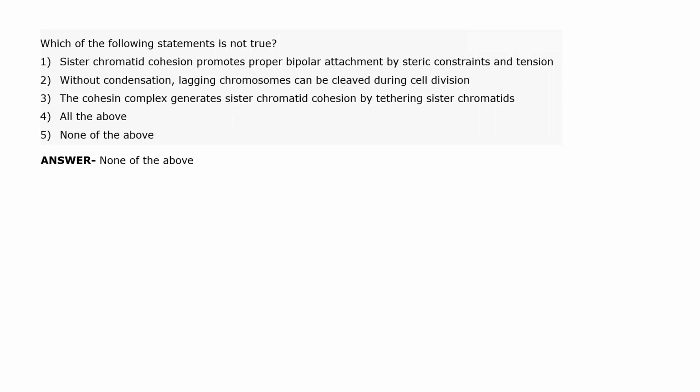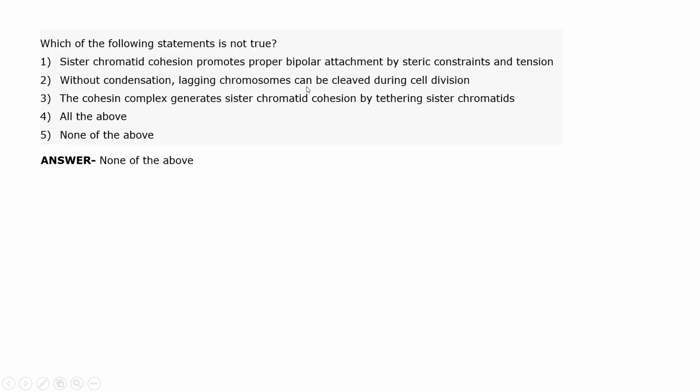All the other options are correct. Sister chromatid cohesion, like this particular steric constraint and tension created within the sister chromatids, actually promotes the bipolar attachment. It helps to promote the microtubule spindle attachment, and because of the tension that is created there, the sister chromatids can get separated from each other. Based on that theory, option number 3 is also correct.